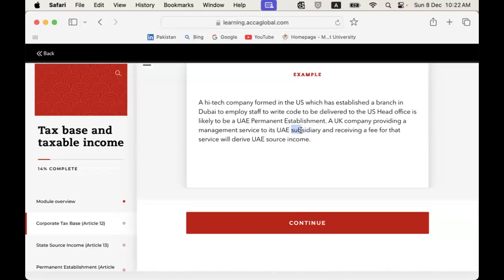We need to remember that corporate taxation happens in terms of entities. A subsidiary is a separate legal person, and the UK company is a different legal person. So if it is earning a management fee from the UAE subsidiary, that UK company does not directly have a presence in the UAE. It is earning money from another taxable person, a separate legal person. That is why it is UAE source income.